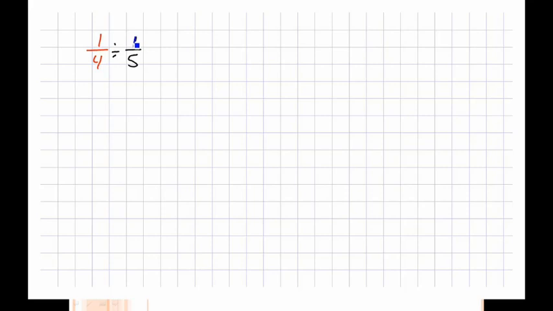And the next whole number that's larger than both of those fractions is 1.